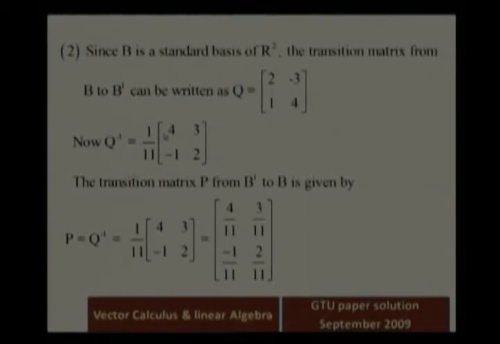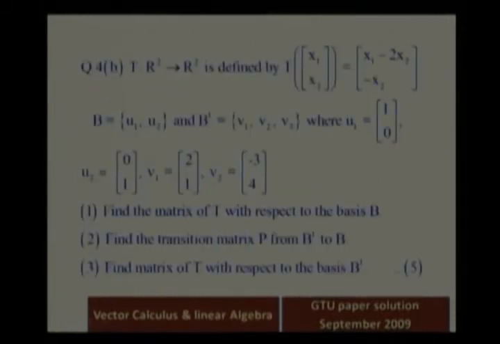So Q inverse is equal to 1/11 [4 3; -1 2]. So the transition matrix P from B dash to B is given by 1/11 [4 3; -1 2], that is the matrix [4/11 3/11; -1/11 2/11]. Okay.